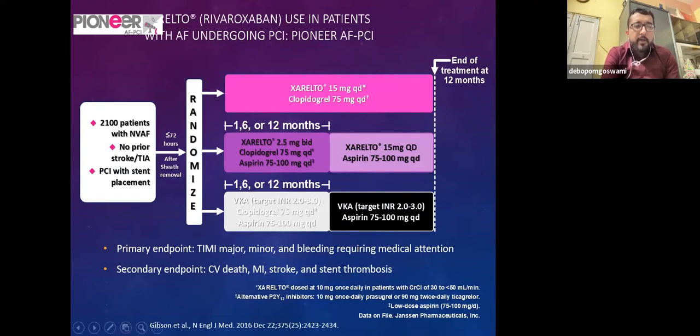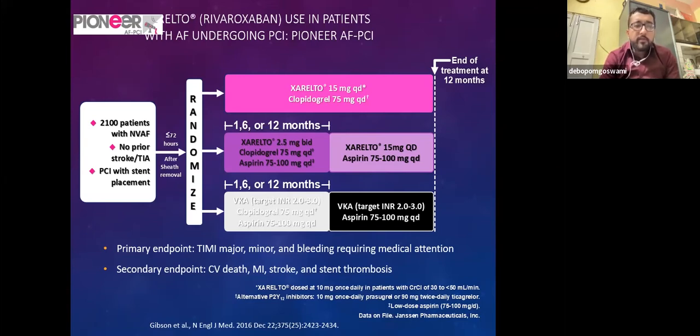These patients had no prior stroke or TIA, and they were randomized into 3 subgroups. The first group had rivaroxaban 15 milligram and clopidogrel. The second group had rivaroxaban 2.5 milligram twice daily with clopidogrel and aspirin, and this was used over a period of 1, 6, or 12 months according to the discretion of the physician.